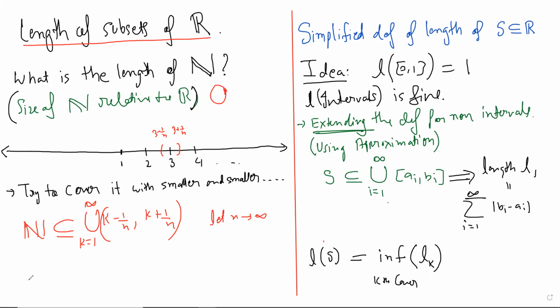So suppose you're calling this ln. But ln does not go to 0. The length of ln does not go to 0 as n goes to infinity.